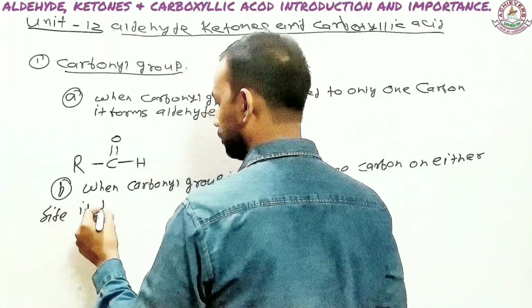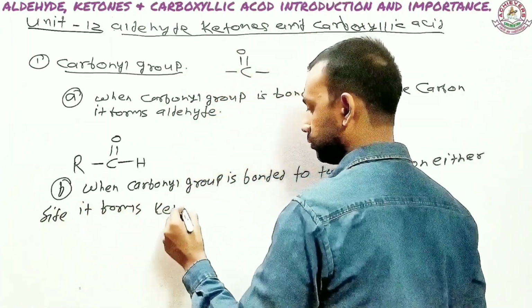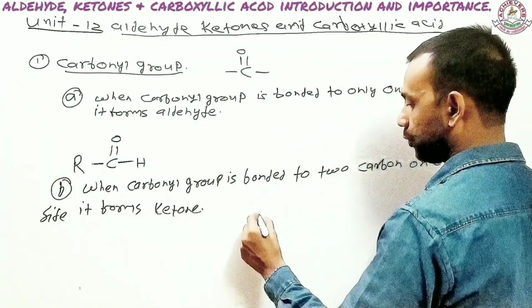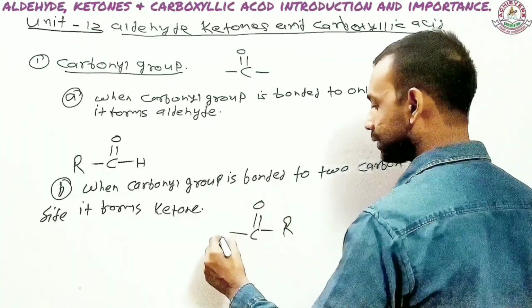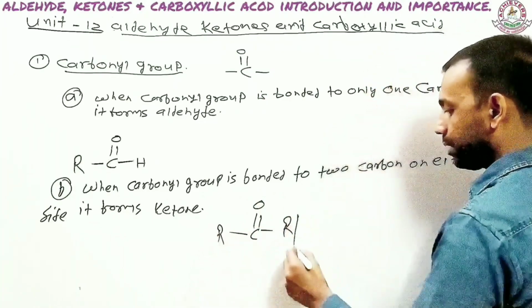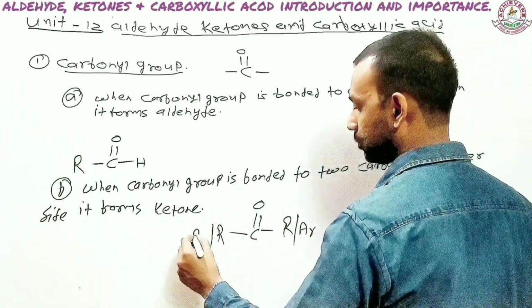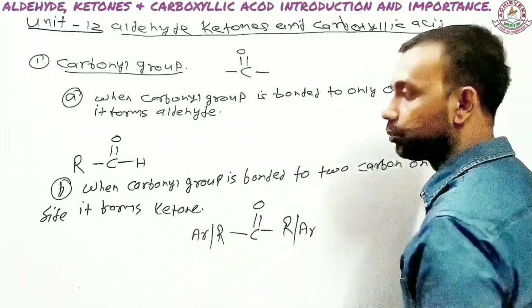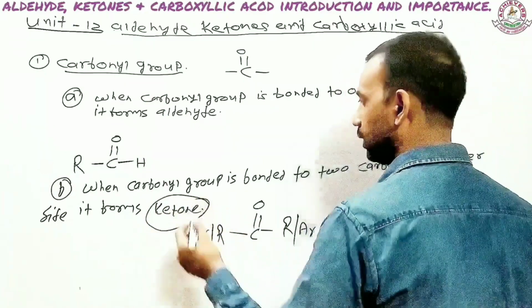It forms ketone. So how is the structure? You have your carbonyl group. Now if it's bonded to an alkyl group on either side, this may be aryl also. So if the carbonyl group is bonded to two carbons on both sides, this forms your ketone, right?